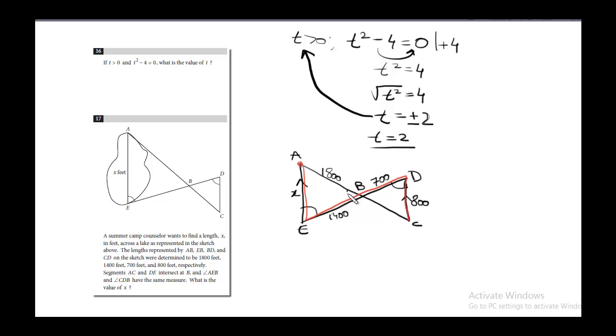The angle B1 or ABE is equal to the angle B2 or DBC, as they are opposite angles. Therefore, the two triangles, ABE, the blue one, and the magenta triangle, are similar.